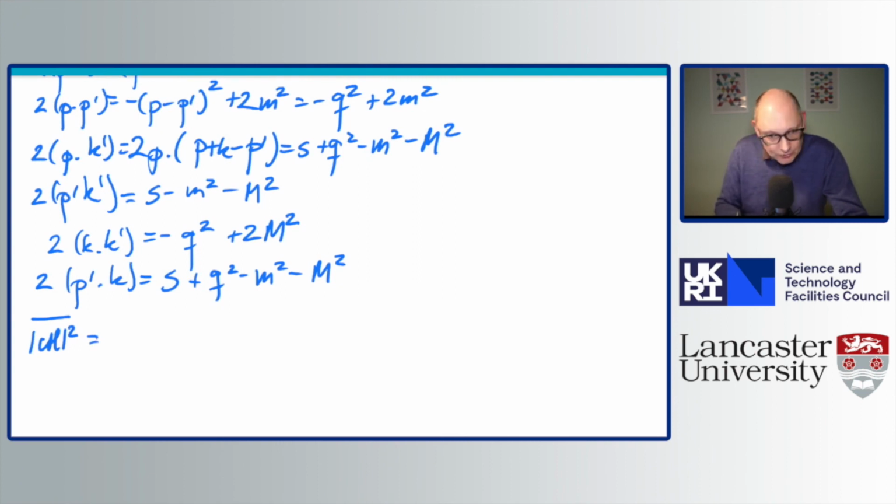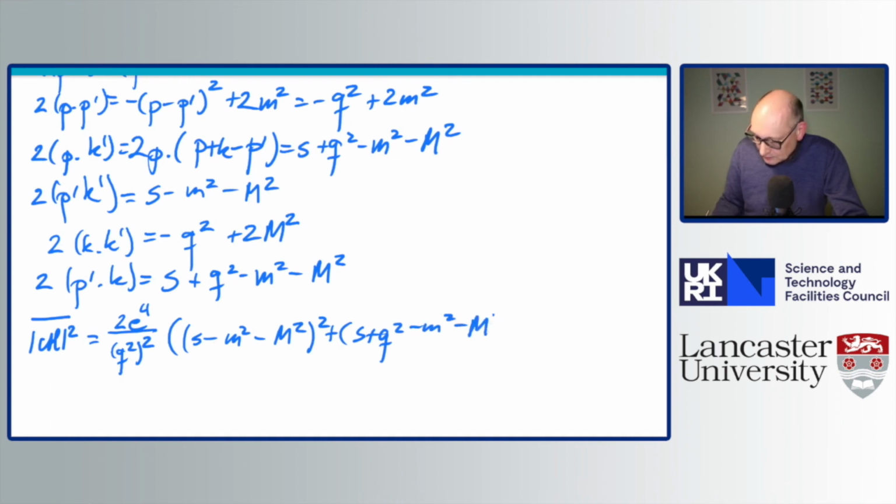So this is equal to 2 e to the 4 over q squared squared, times s minus m squared minus capital M squared, plus s plus q squared minus m squared minus capital M squared, plus 2q squared m squared plus capital M squared.